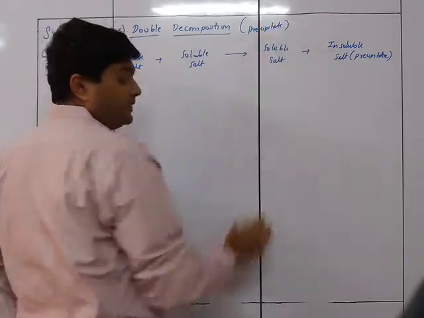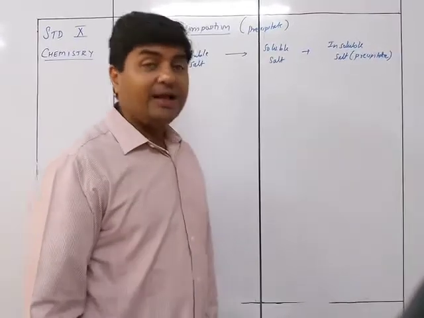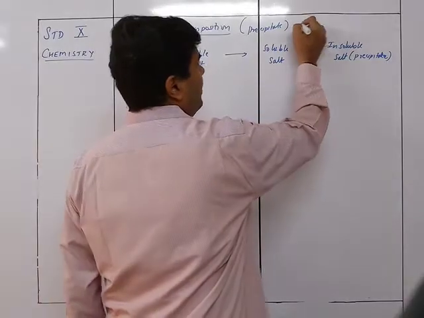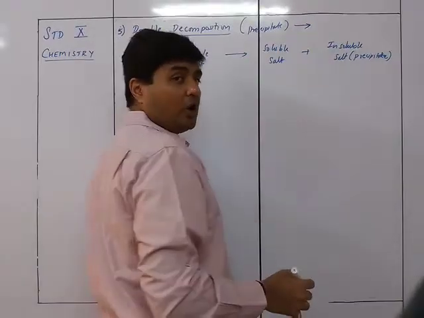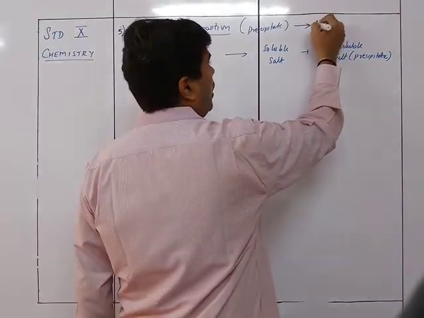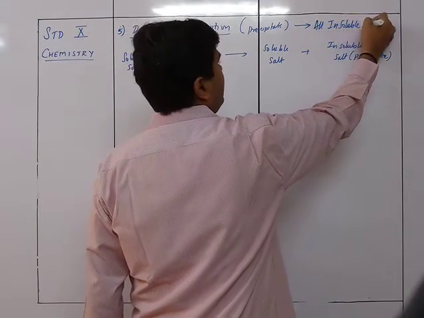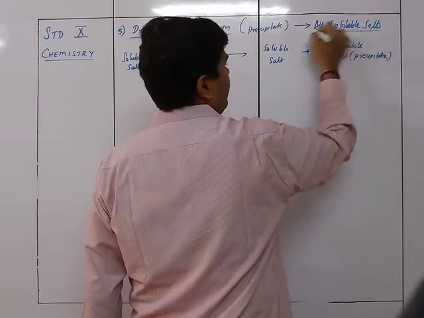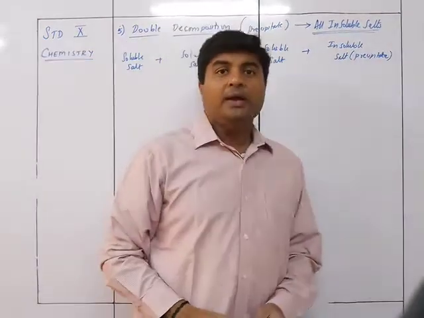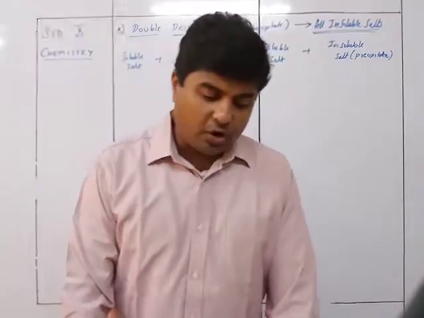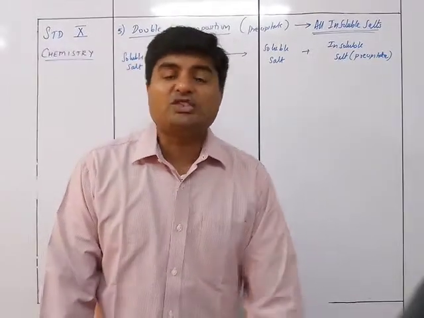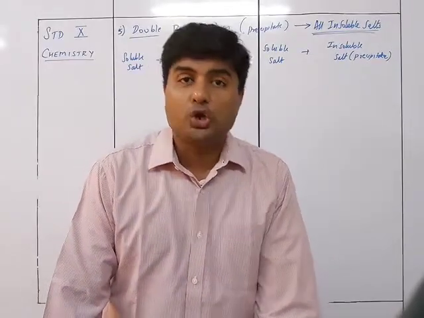So that's a precipitate kind of double decomposition reaction, and hence the type of salt which will be formed will be all insoluble salts. It will be all insoluble salts which will be prepared by this particular method. So this method is used for producing insoluble salts from soluble salts.